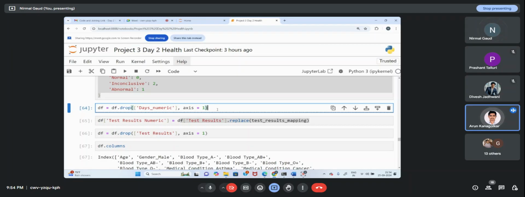Recovery time is directly proportional to the result, sir, but that's the scenario. The billing I ignored, the room number I ignored, everything else I ignored. I kept only days, how many days the patient was present in the hospital.